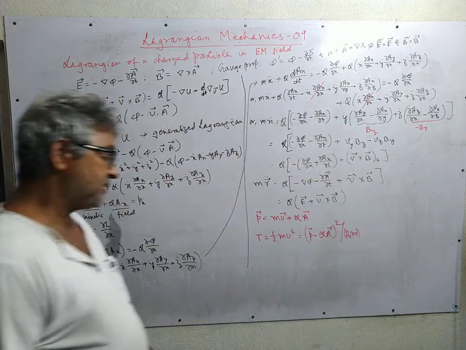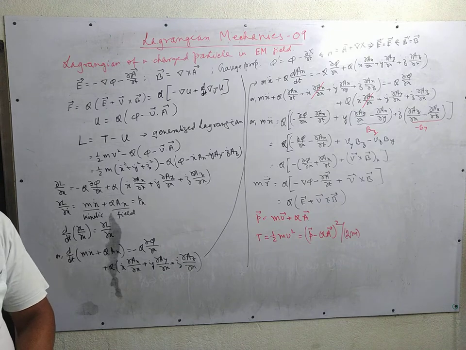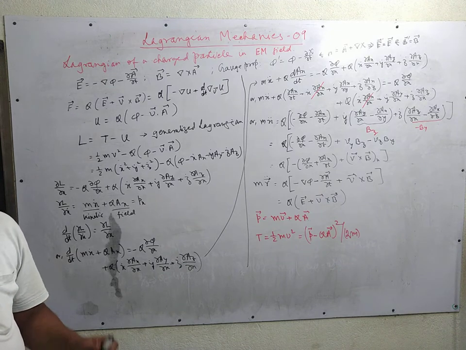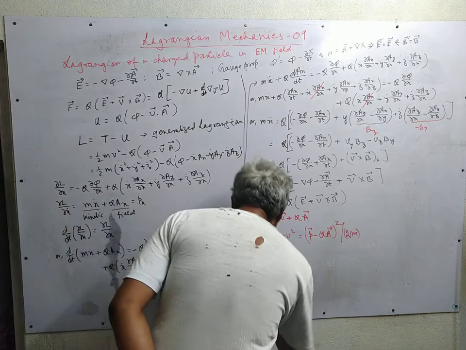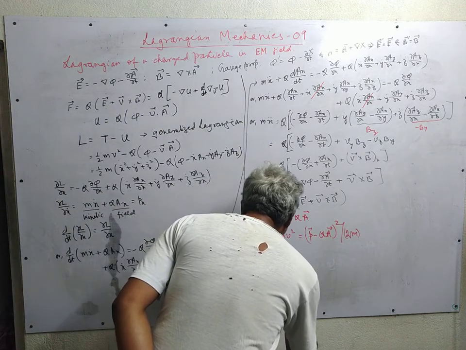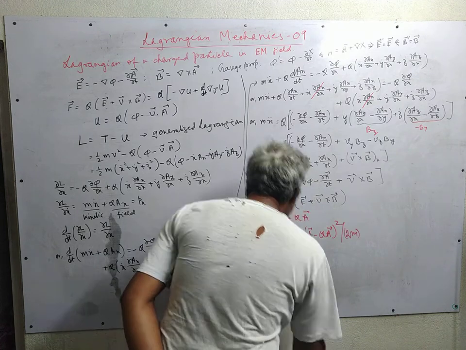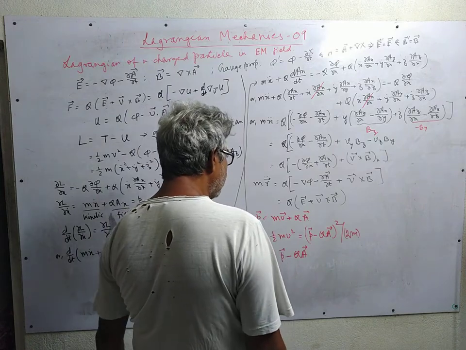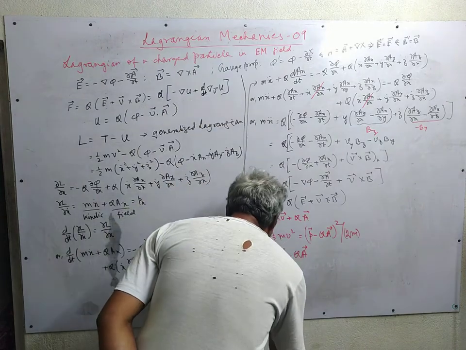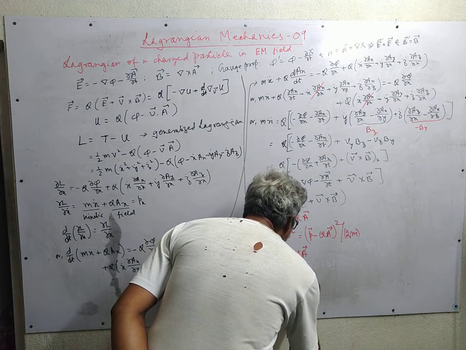So we may say that when a particle is subjected to an electromagnetic field, the momentum P is changed to P minus qA. Similarly, when we consider the Hamiltonian dynamics, we will see that energy E shifts to E minus q phi.